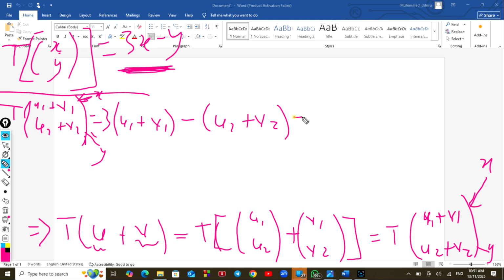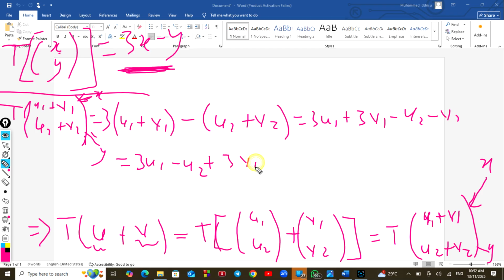This will be equal to 3u1 plus 3v1 minus u2 minus v2. Grouping the terms, we get 3u1 minus u2 plus 3v1 minus v2.